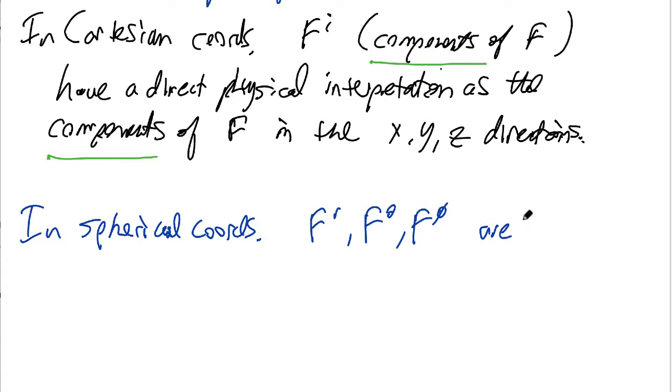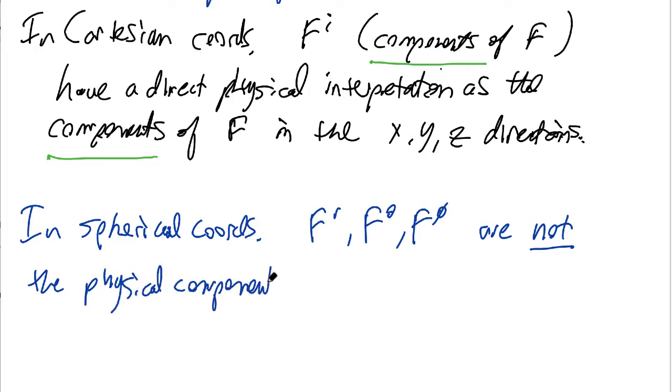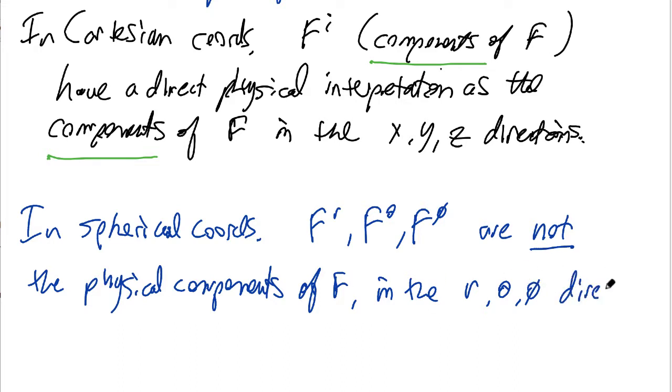These components are not the physical components in this sense of f in the directions of the r equal constant, theta equal constant, and phi equal constant coordinate lines. We'll just call those the r, theta, phi directions.